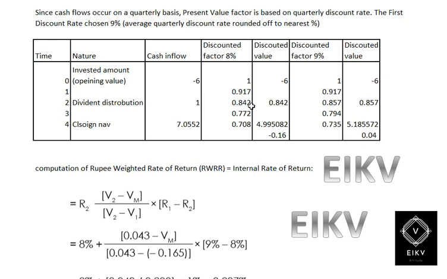Therefore the value would be 1 into 0.842. In the same manner for the other quarters. Then in the closing for the fourth quarter, the cash inflow would be 7.0552 multiplied by 0.735 will give you 5.1856.